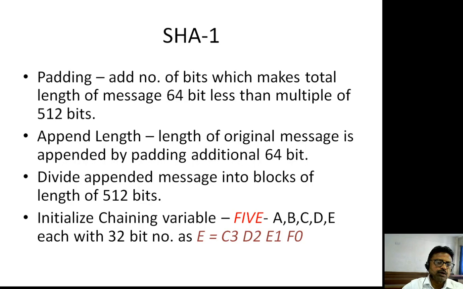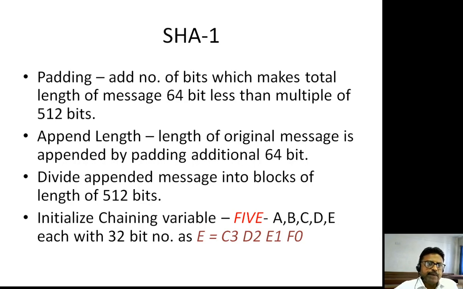Now, the secure hash algorithm has two versions: one is SHA1 and another is SHA512, which is more powerful than SHA1. SHA1 produces a 160 bit output and SHA512 produces a 512 bit output.